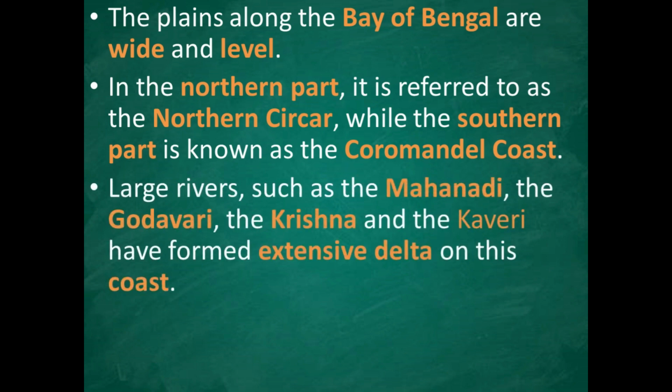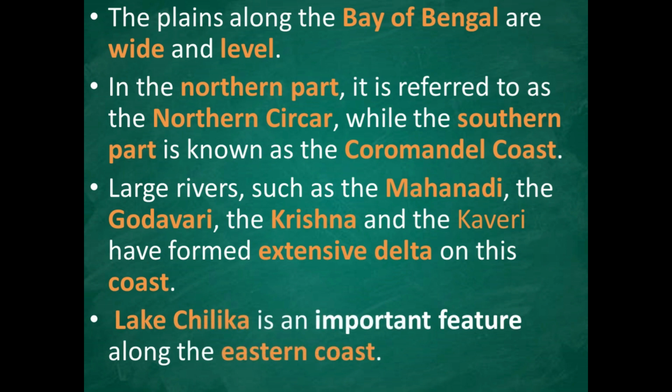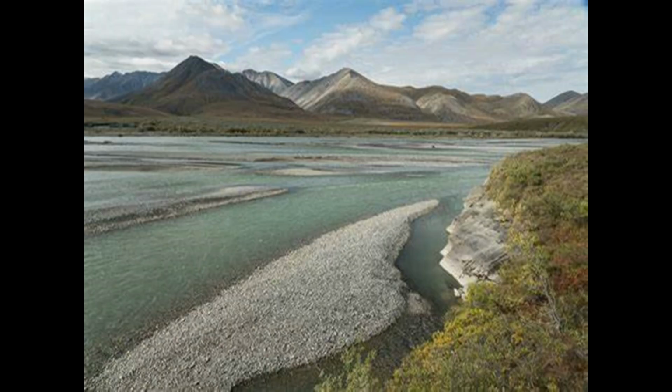Large rivers such as the Mahanadi, the Godavari, the Krishna and the Kaveri have formed extensive deltas on this coast. Lake Chilika is an important feature along the eastern coast. This is the picture of coastal plains which is located in India.